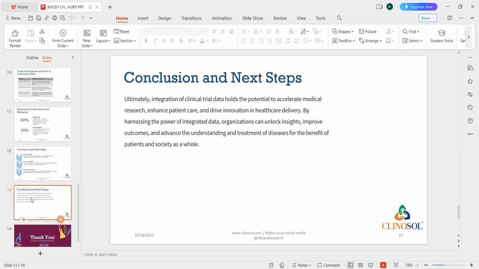Conclusion. Integrating clinical trial data presents both opportunities and challenges for organizations in healthcare and life science sectors. While integration promises to improve data quality, efficiency, and decision making, it also entails addressing various complexities.